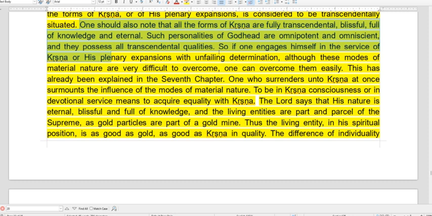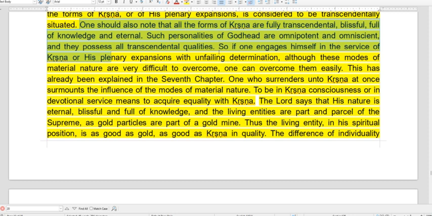One should also note that all the forms of Krishna are fully transcendental, blissful, full of knowledge and eternal. Such personalities of Godhead are omnipotent and omniscient, and they possess all transcendental qualities.